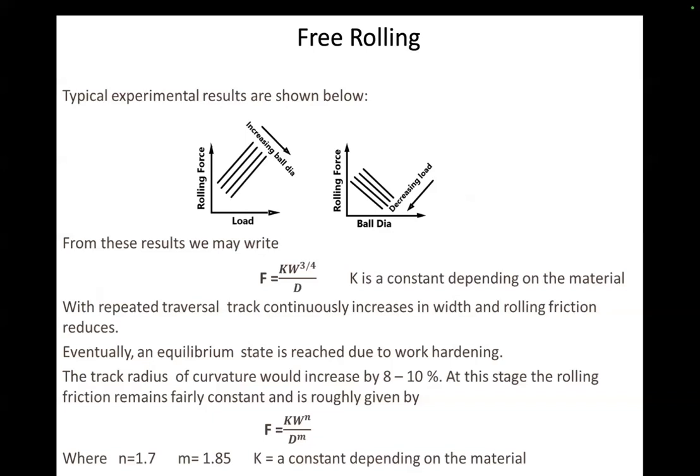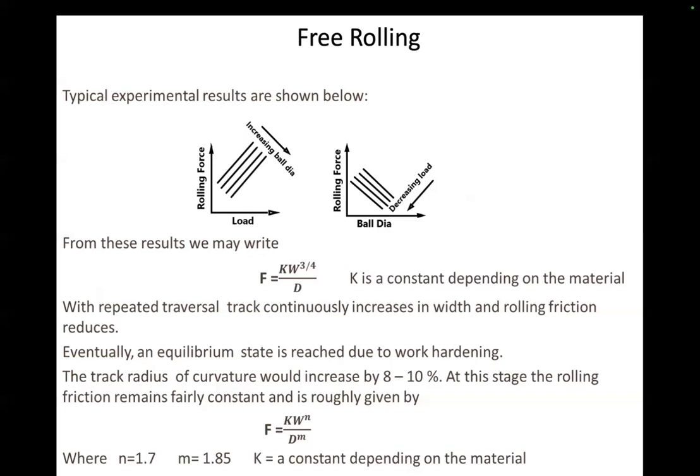Probably after 8 to 10% increase of the track radius, the slowing down or equilibrium position is reached.